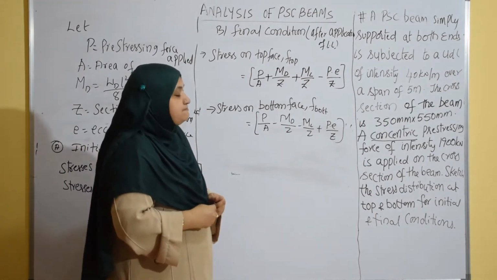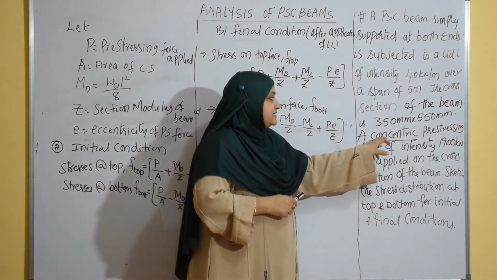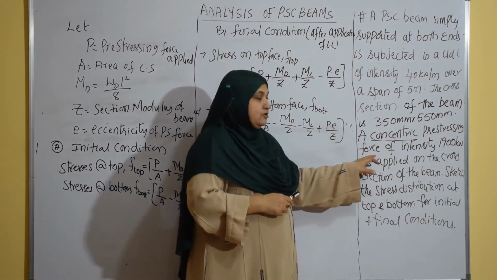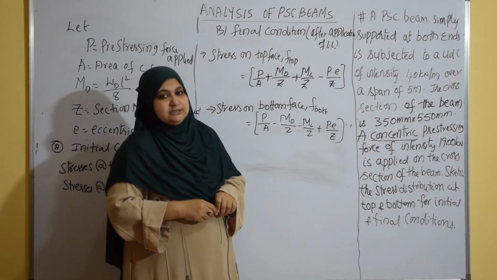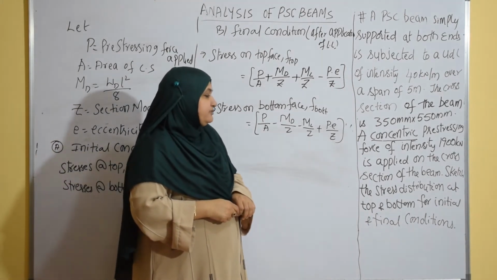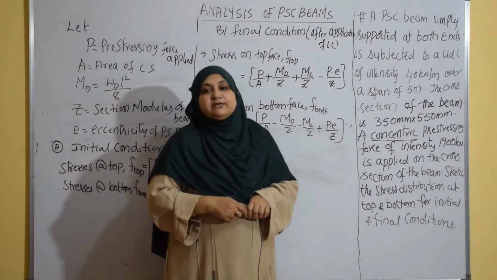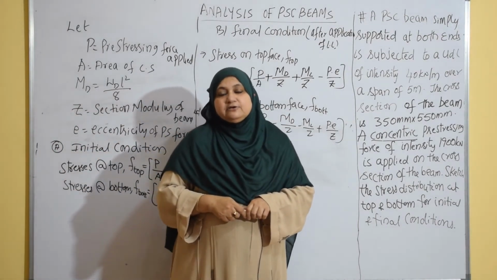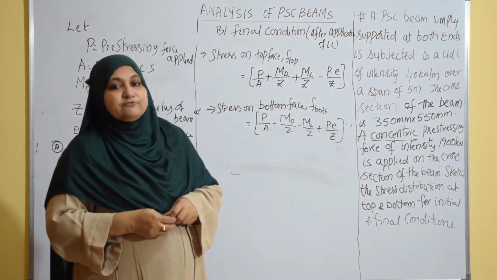So the simplest problem I have picked is a concentric pre-stressing force of intensity 1900 kilonewton applied on the cross section of the beam. Sketch the stress distribution at the bottom for initial and final condition. Whether it is mentioned or not, analysis means you have to find out and you have to sketch.